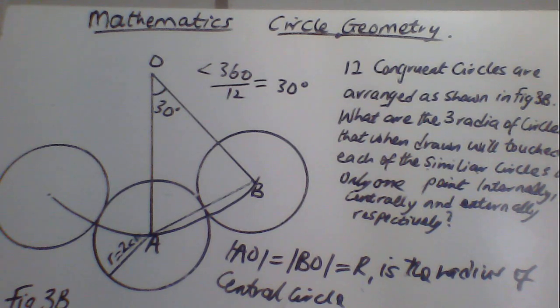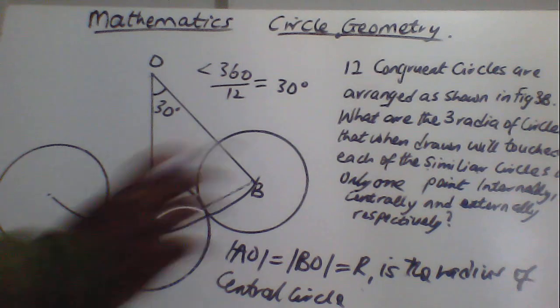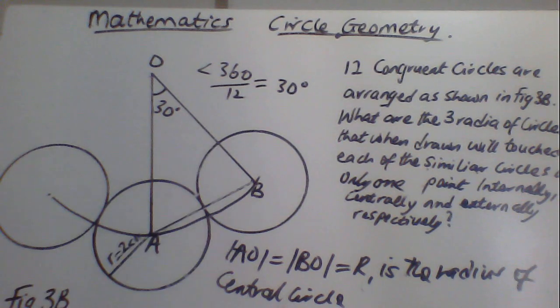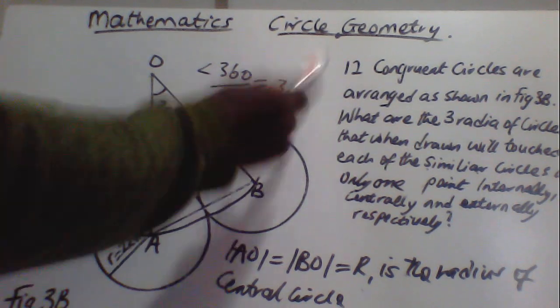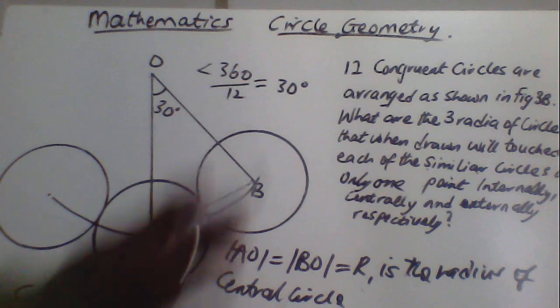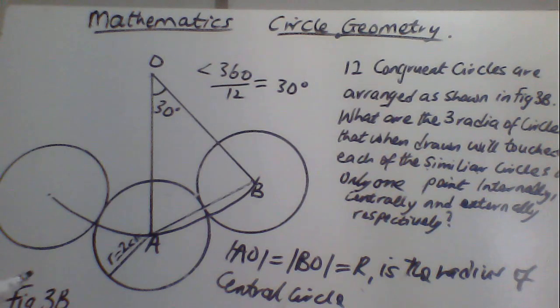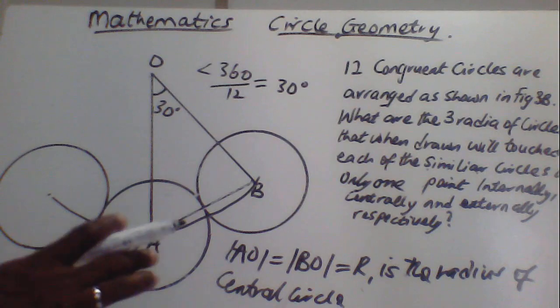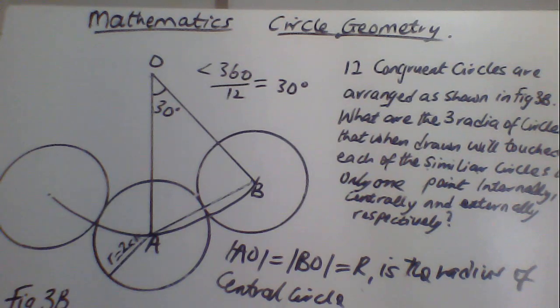Since we have gotten this, maybe I will read the question again so we clean the board and have a space. 12 congruent circles are arranged as shown in figure 3b. In this figure, because we don't have enough space, we use only three, but two of the congruent circles are sufficient to solve our problem.